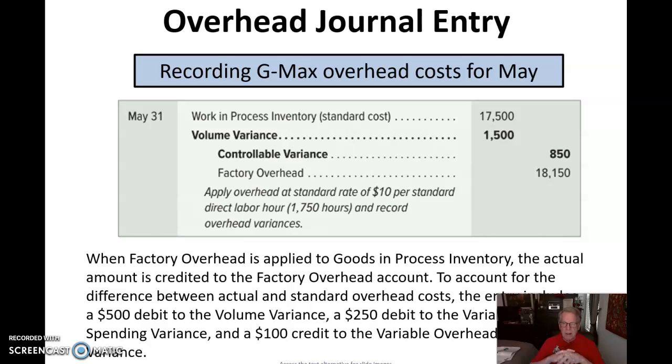Then to account for the difference between actual and standard overhead costs, the entry is going to include a $500 debit to volume variance, $250 debit to variable overhead spending variance, and $100 credit to variable overhead efficiency variance. All right. I think you're going to need to look at that in a little more depth before you really have that well understood in your minds.